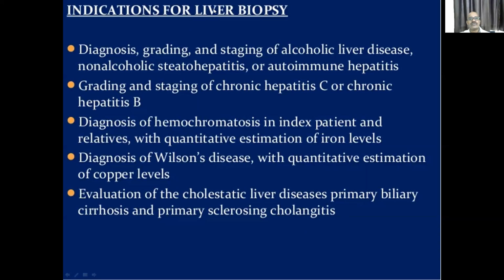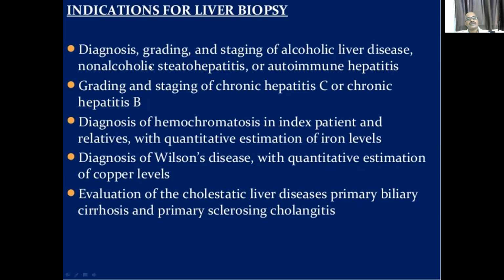So the indications for liver biopsy are acute hepatitis of unknown cause, chronic hepatitis when you don't know the cause, for grading of the inflammatory activity and staging of hepatitis B and hepatitis C, in certain metabolic disorders like hemochromatosis, to estimate the amount of iron accumulated in the liver, for diagnosis of metabolic disorders like Wilson's disease, for quantitative estimation of copper levels, for evaluation of the cholestatic liver disease, primary biliary cirrhosis, and primary sclerosing cholangitis. These are the main indications.